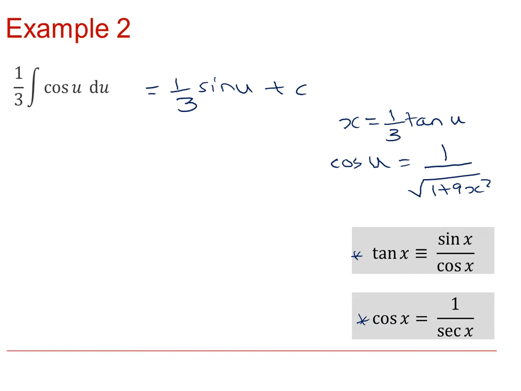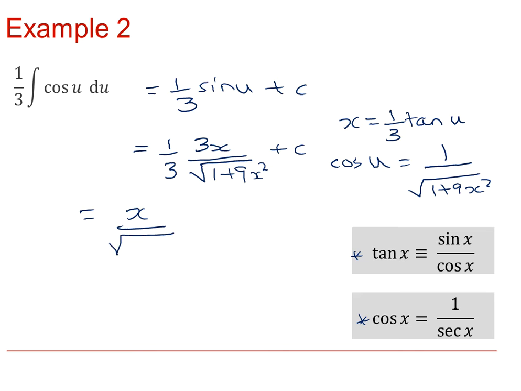Thus we can write that sine u is going to be 3x over the square root of 1 plus 9x squared. So, cancelling down those 3's, we get a final answer of x over square root of 1 plus 9x squared plus c.